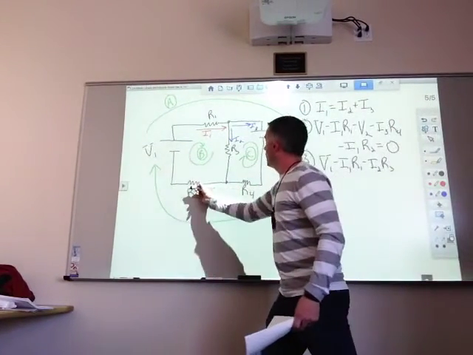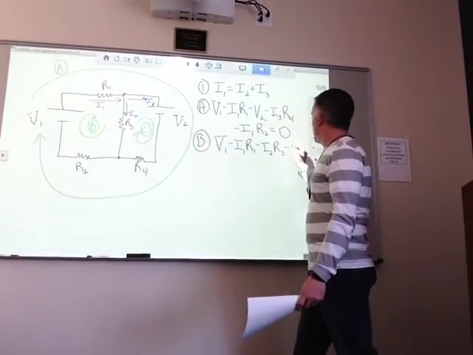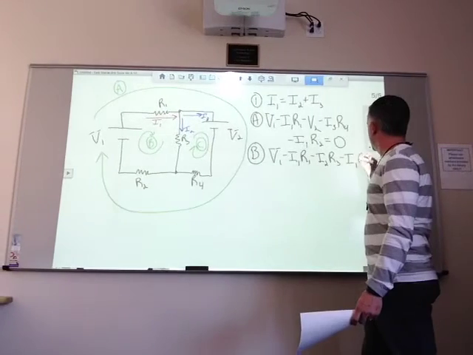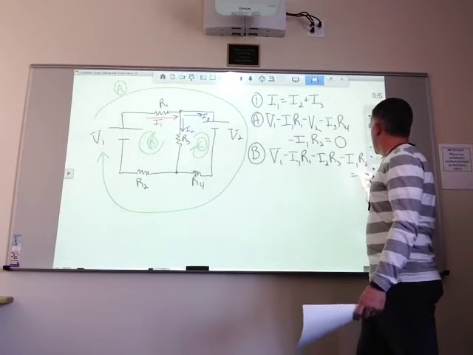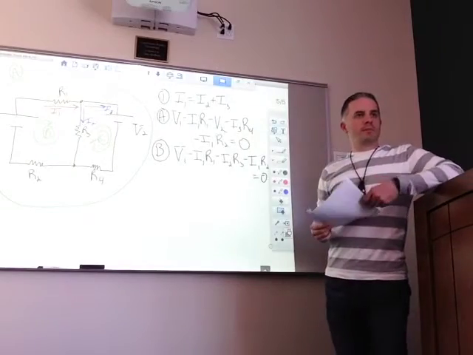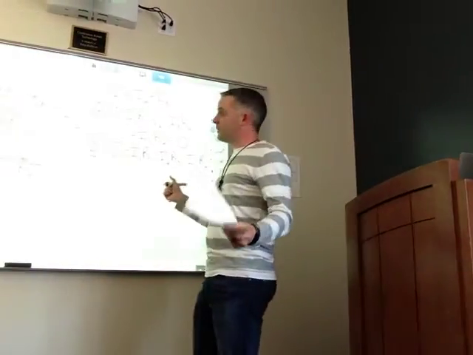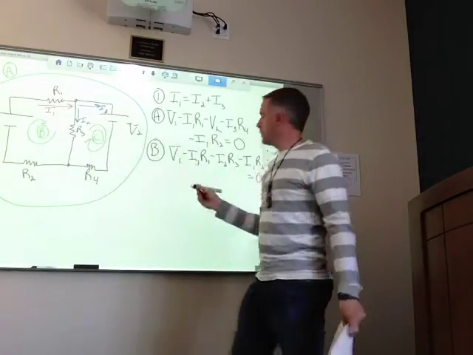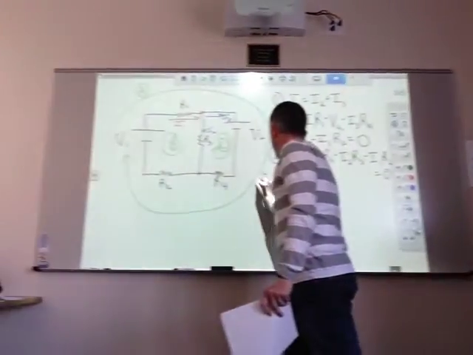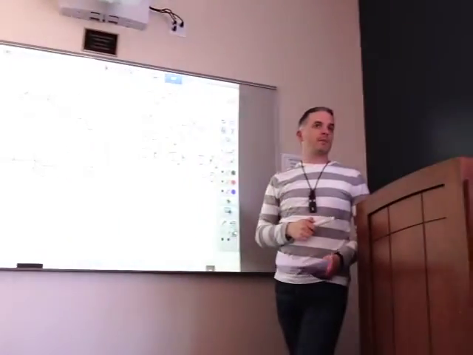Then we come through here and you get I1 R2, and that's equal to 0. And that would be it, because we've made the full loop. C is the last one. C is where you're going to see something interesting.